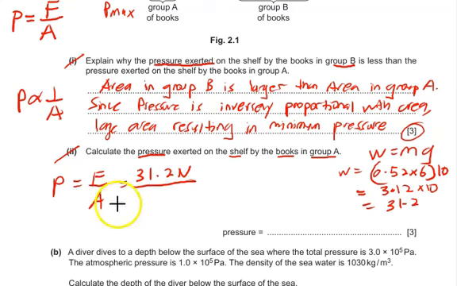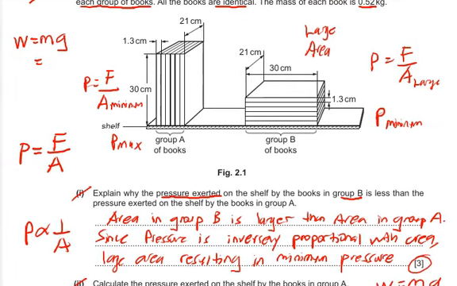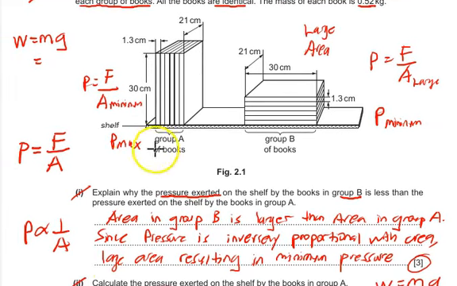Now let us calculate the area in group A. We have here 21 centimeter, which is 0.21 meter, and here is 1.3 centimeter for each book, the width, and we have 6 books.